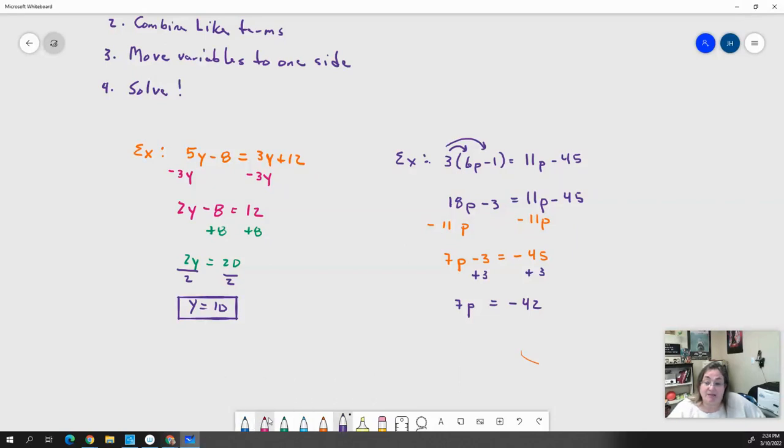And our last bit is we have to get that 7 that's being multiplied to the p off of it. So we are going to do the opposite of multiplying, and we are going to divide both sides by 7. And we will be left with p equals -6.